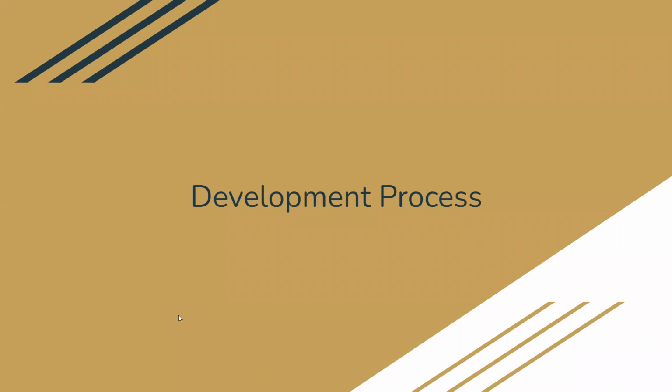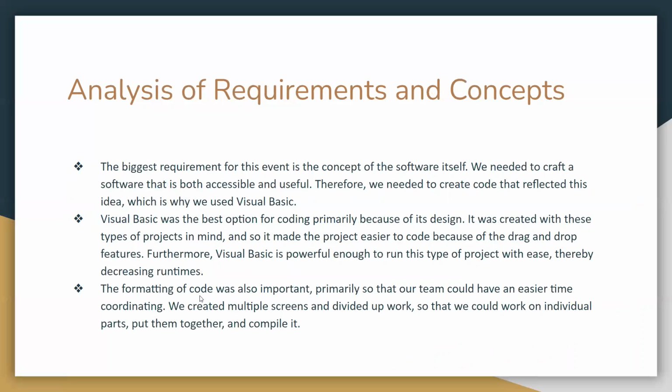Now we're going to go through our development process. The biggest requirement for this event is the concept of the software itself. We need to craft a software that is both appealing and accessible. Therefore, we need to create a code that reflected the idea, which is why we used Visual Basic. Visual Basic was the best option for coding primarily because of its design.